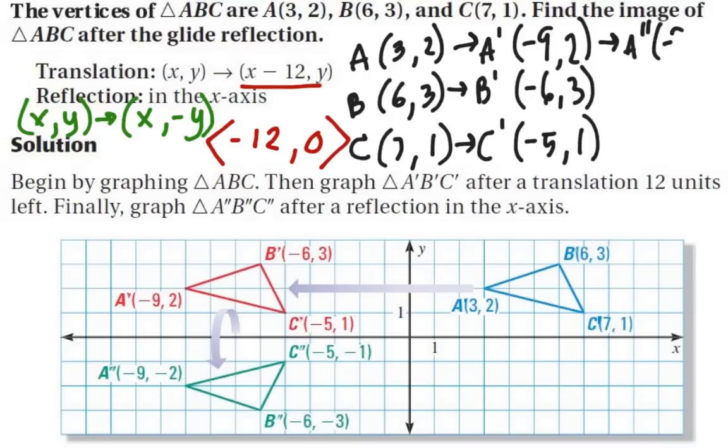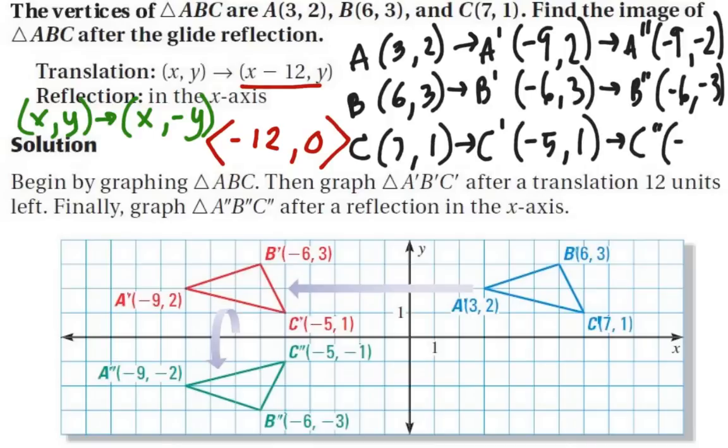So I'm going to have negative 9, and then I need to change the sign of the y-coordinate, so that's negative 2 now. And then B double prime becomes negative 6, negative 3, and C double prime becomes negative 5, negative 1. Barely had enough space to do all of that.